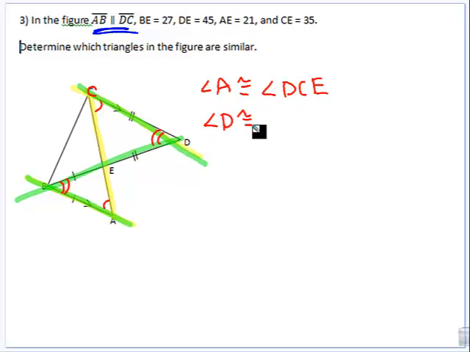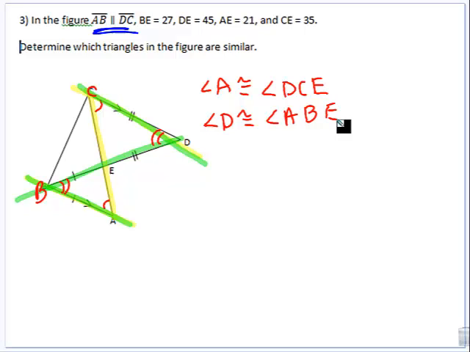Angle DCE is congruent to, how could I name this angle over here? Which three letters can I use? D, okay. A, B, E would work.